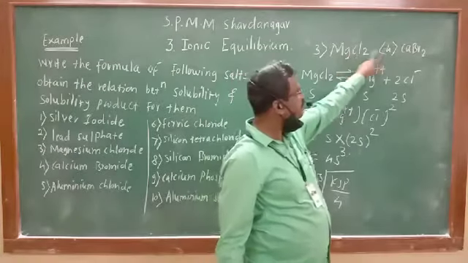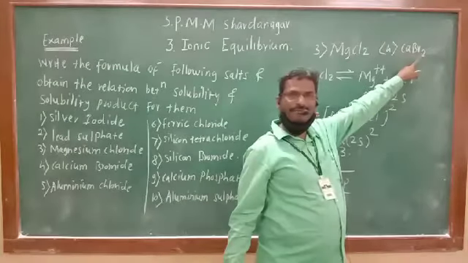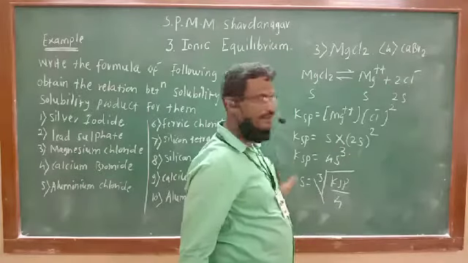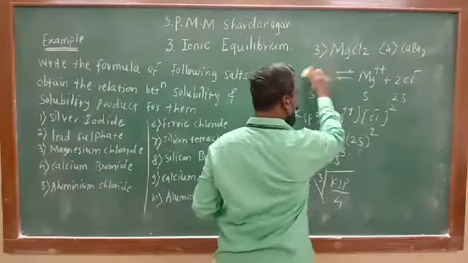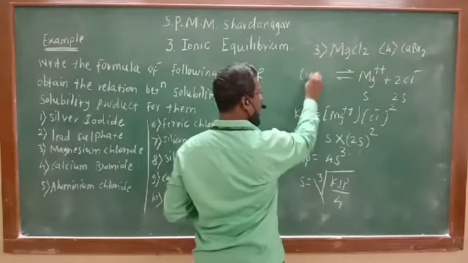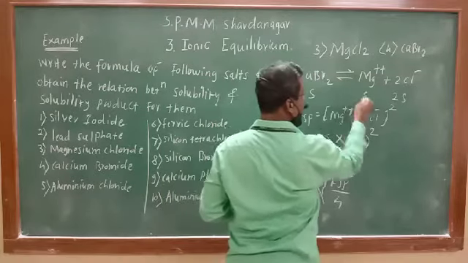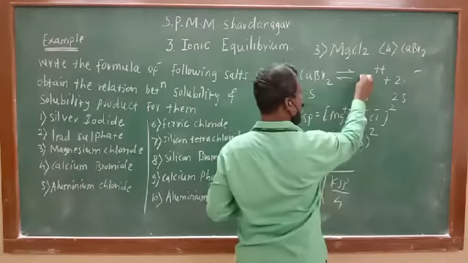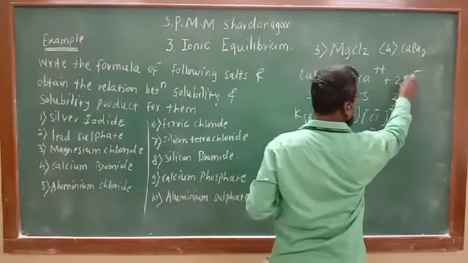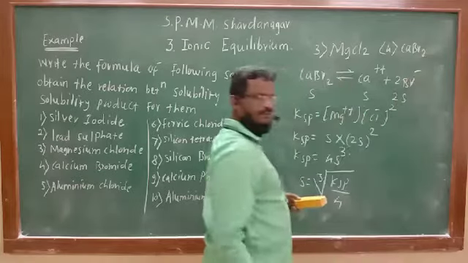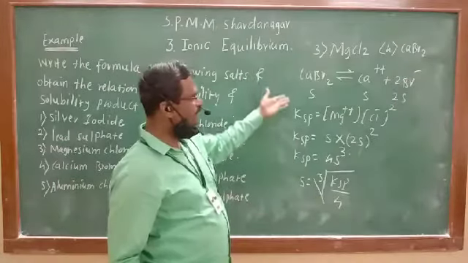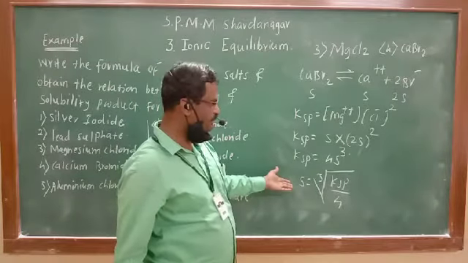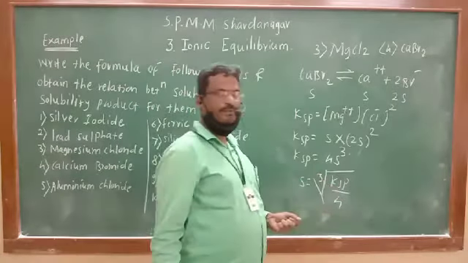This is Ca2+ and 2Br−. The formula derivation is the same. Just instead of MgCl2, write here CaBr2. Instead of Mg2+ and Cl−, here write Ca2+ and 2Br−. That's all. The remaining part is the same, and this is the same relationship between solubility and solubility product.